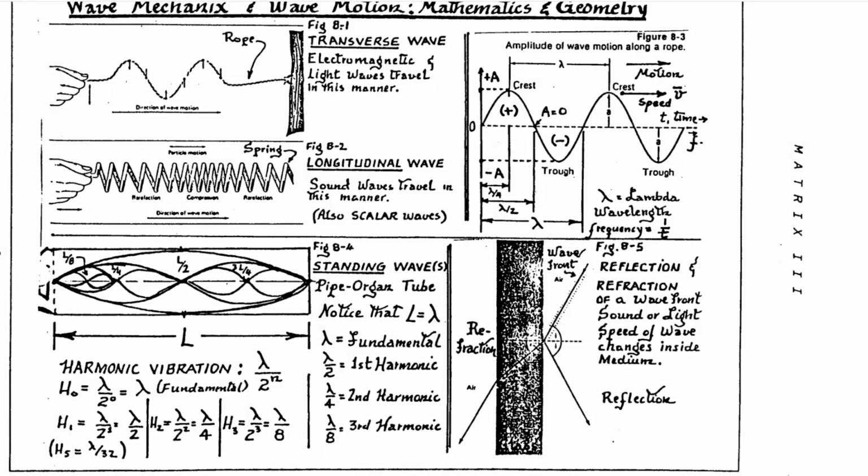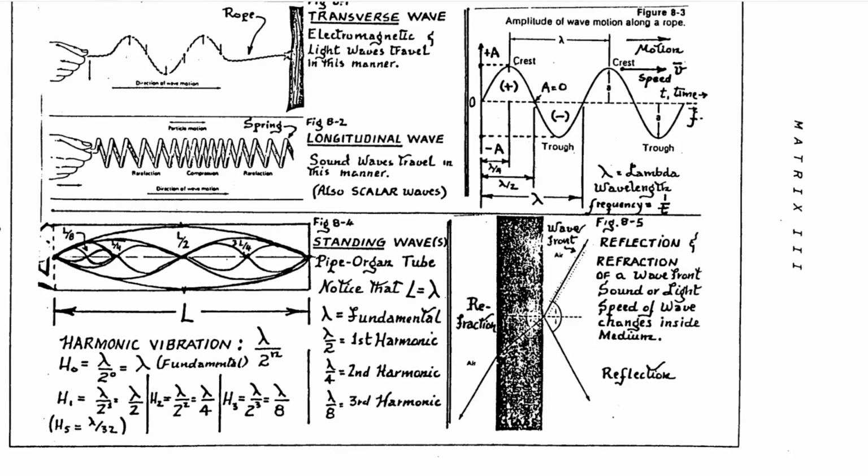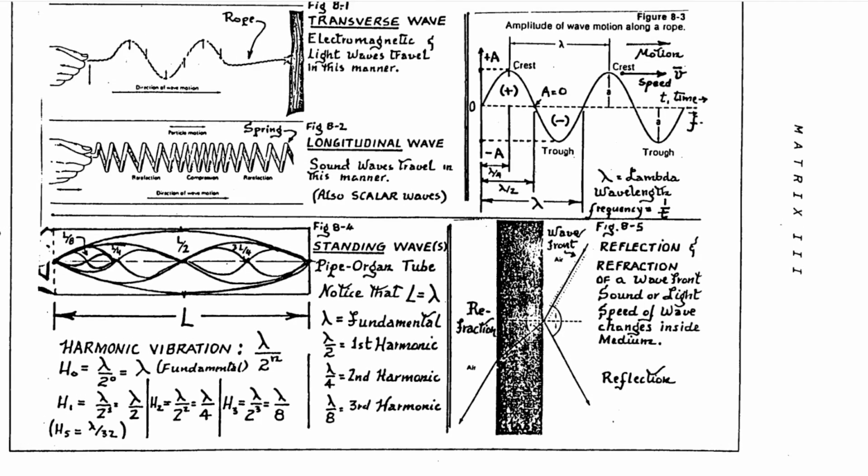Also, scalar waves, which aren't really talked about because they were left out of the physics that are available to people. They were seen as potentials and not real. We'll get into that later as we go on through this book.